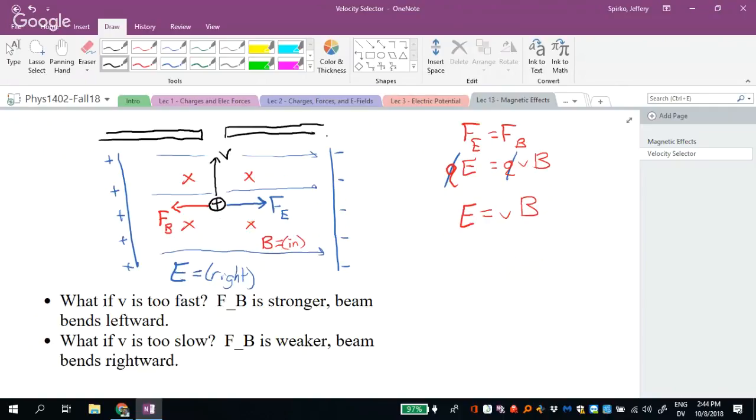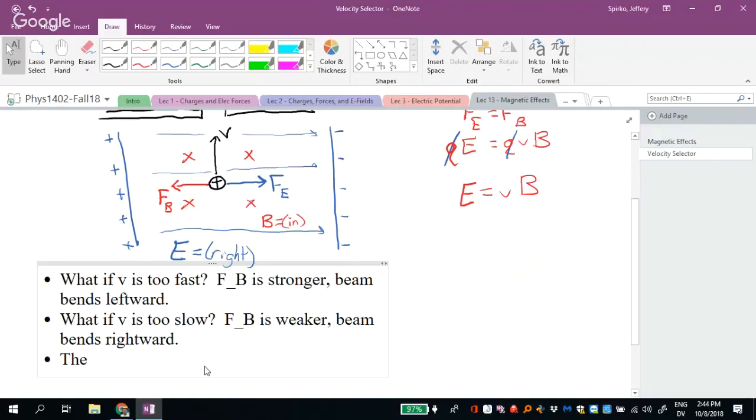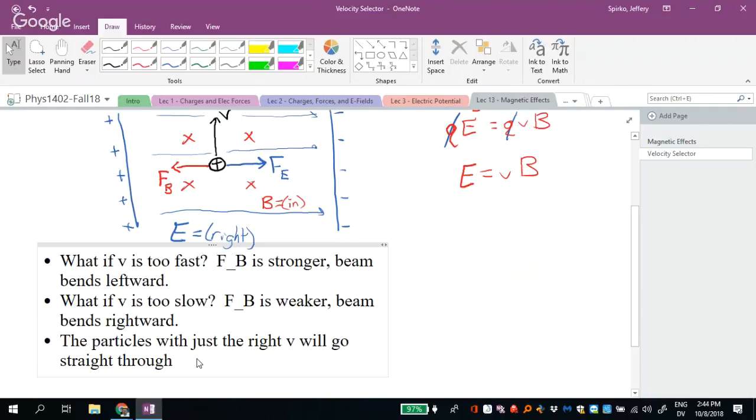And at this point, we know that all the particles that go through have just the right velocity, according to this equation. And that's why we call this device a velocity selector. So the ones with just the right velocity have been selected.